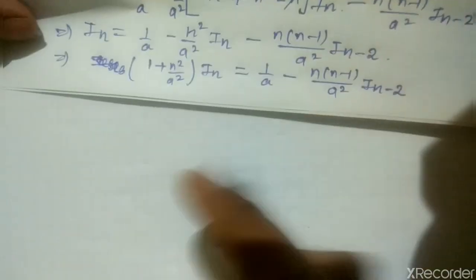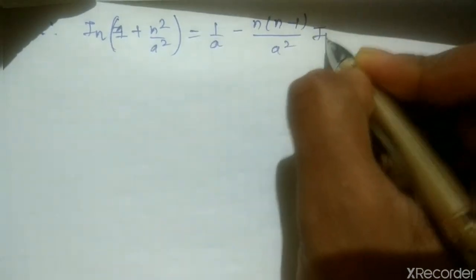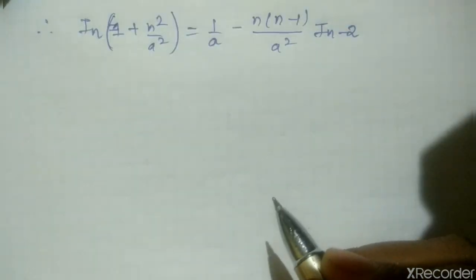Therefore we will write it like In equals to, so what we will write here is In, 1 plus n square by a square In. So here is In, na? So In bracket, what we have 1 plus n square by a square, and this value is equals to 1 by a minus n into n minus 1 divided by a square I n minus 2, right?